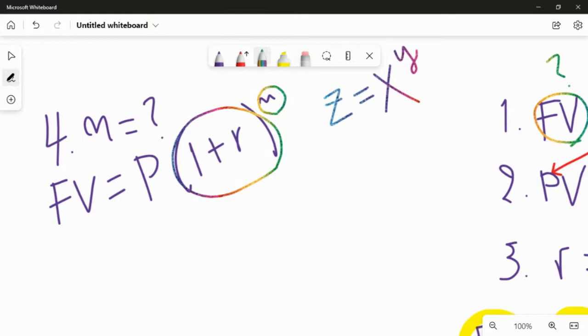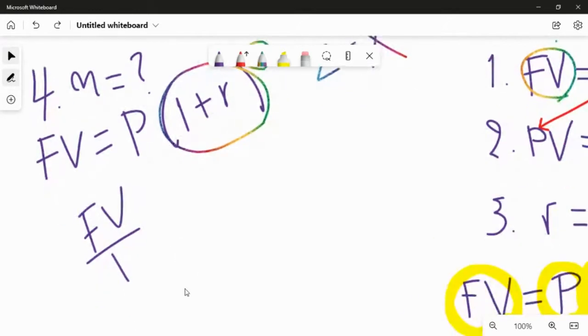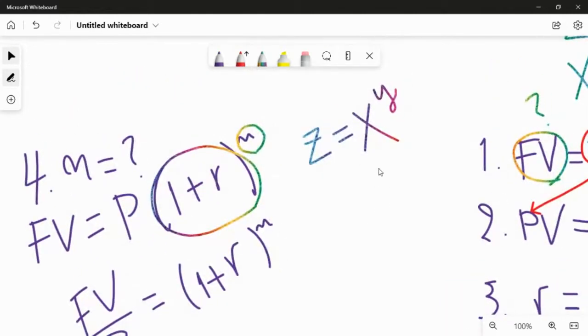So here's our new dilemma, because right now we can isolate this as far as FV over P. FV over P is equal to 1 plus R raised to N. And again, it's exactly z equals x raised to the y.